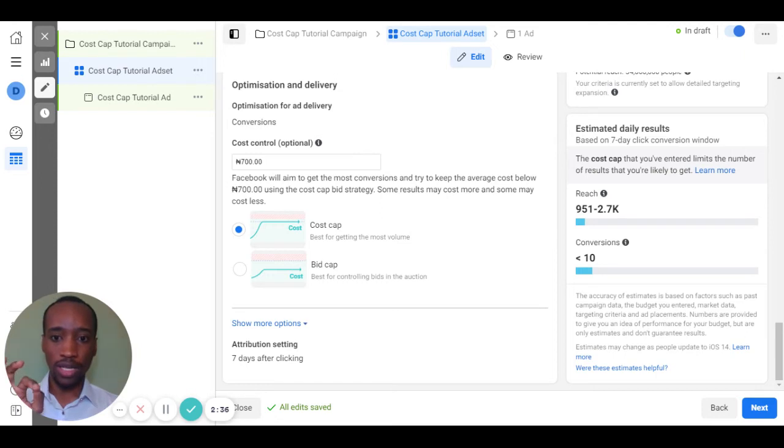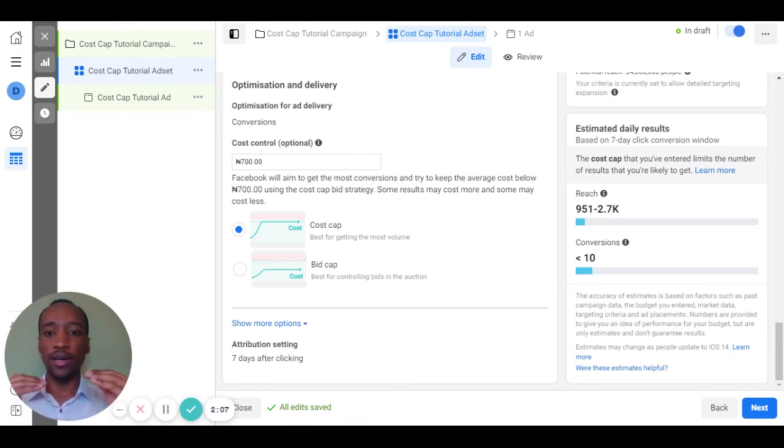I want to explain why you should consider this, or when you should consider it, if you should do so at all. The cost cap helps you to maintain an even average cost over a long period of time. This comes into play when, let's say, you've been advertising for a month or two or three months, and there are periods when you have spikes.